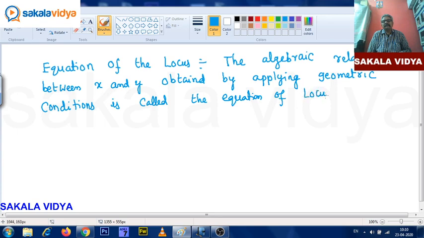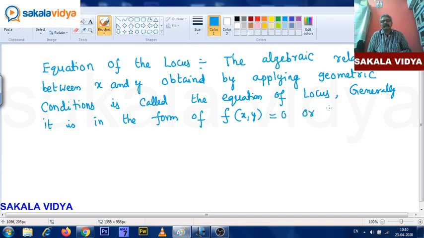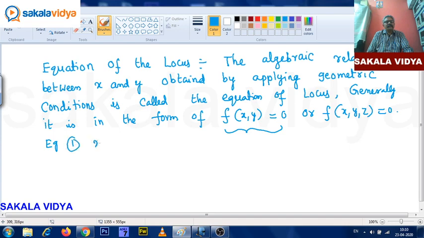Generally, it is in the form of f of x comma y is equal to 0, or if three variables, f of x comma y comma z equals 0, but we will restrict to only two variables. Many examples you can write. Just now we have discussed x square plus y square is equal to r square.